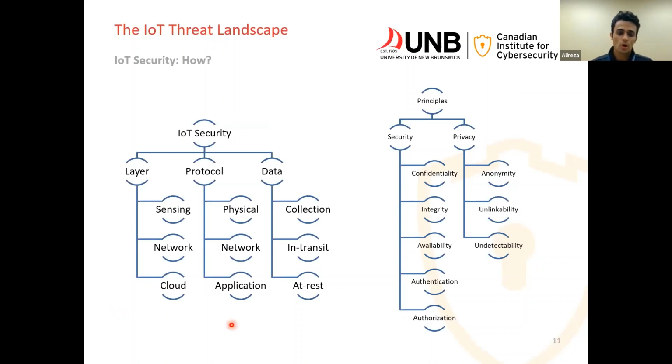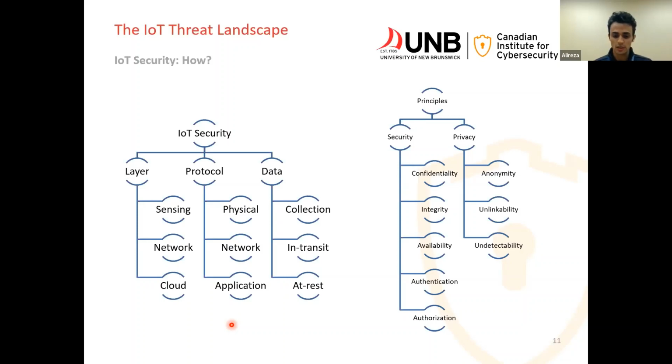In terms of protocol, there are protocols at the physical layer, like IEEE 802.15.4 and the LoRa protocol, that are basically physical or MAC layer protocols. Networking protocols such as Wi-Fi, Bluetooth Low Energy, Zigbee, Z-Wave, you can name it, these are some short range.